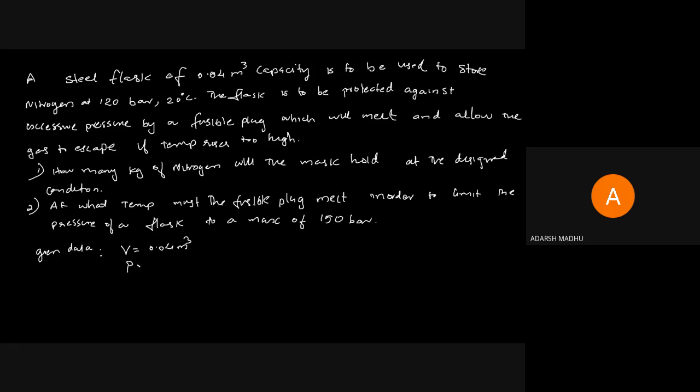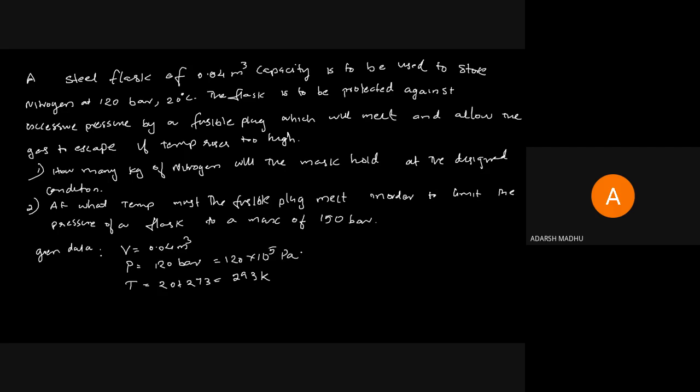Pressure P equal to pressure of nitrogen, P equal to 120 bar, and temperature equal to 20 plus 273 equal to 293 Kelvin. 20 degrees Celsius, 273 Kelvin. 120 bar equal to 120 into 10 to the 5 Pascal. These are the given data to solve the first question.